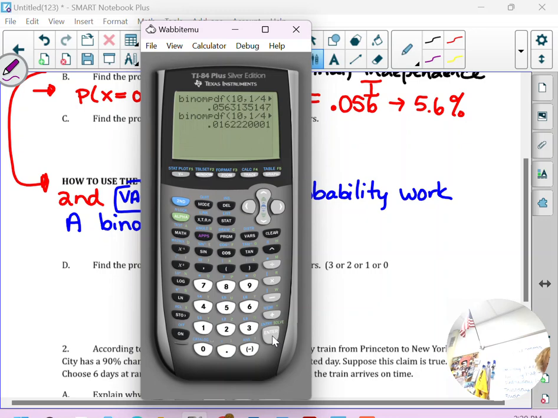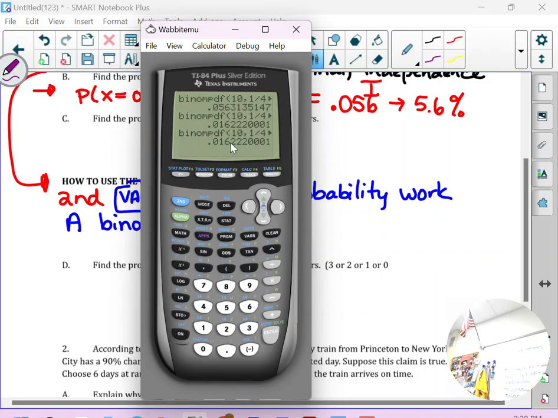I absolutely can. Okay. I can get to my distributions, get down to the binomial PDF. It's still 10 trials. It's still 1 out of 4. I want 6 correct, 6 successes.